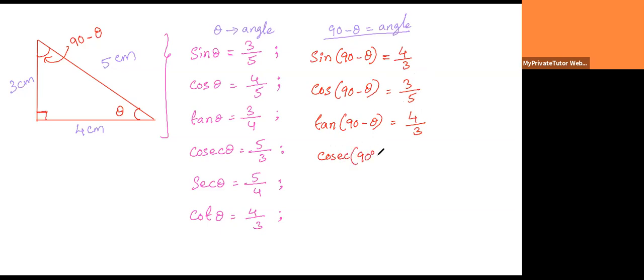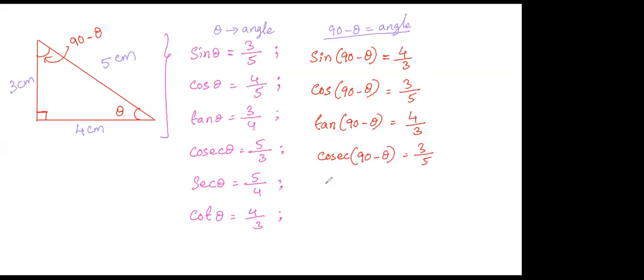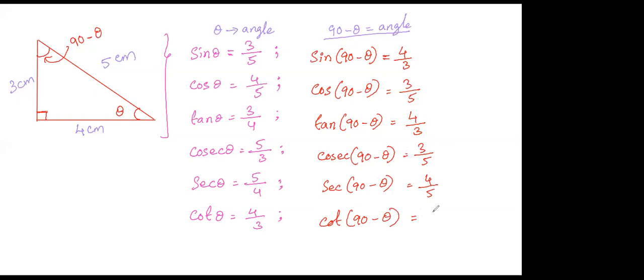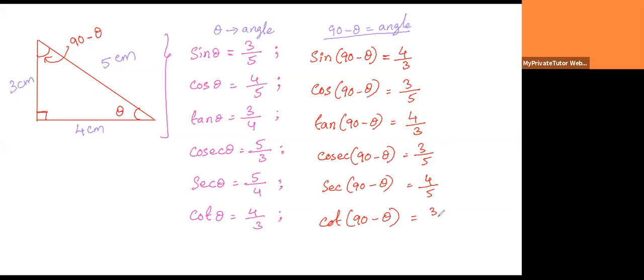Muhammad, are you able to follow me? 3/5. Yes, sir. And we have two more. Let me write that quickly. Please let me know if you have any discrepancies here. So fine, and cot theta.